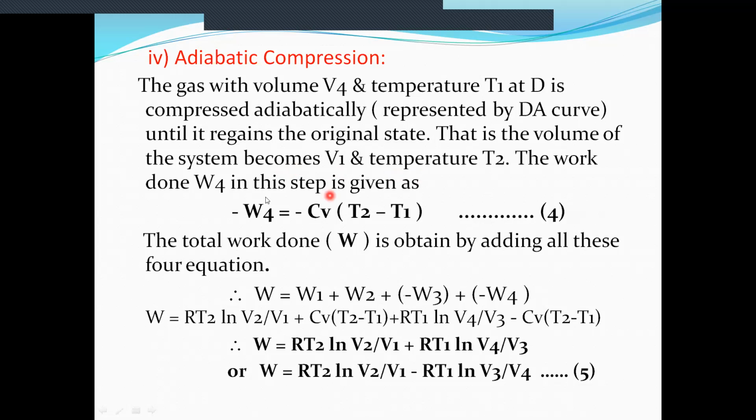Temperature T2. The work done W4 in this step, the work done in adiabatic compression, is given as minus W4 is equal to minus CV into T2 minus T1. This is equation number 4.